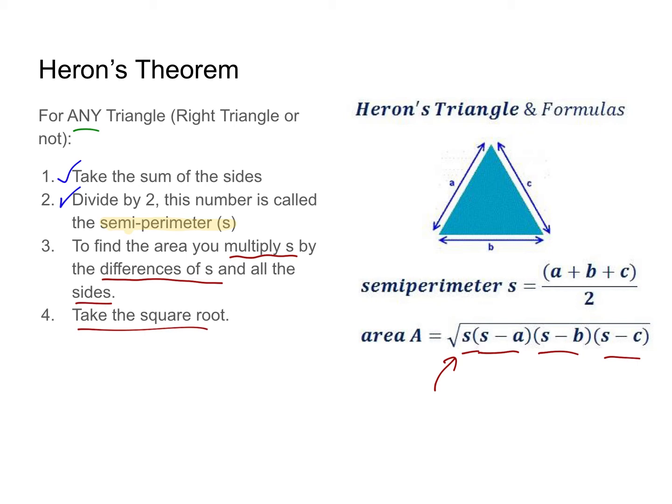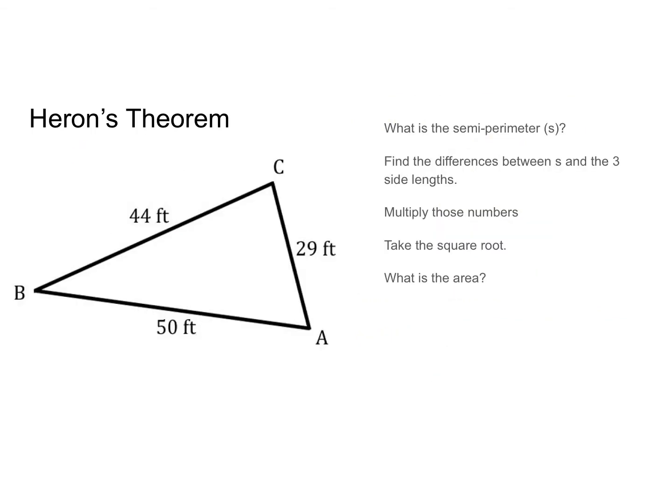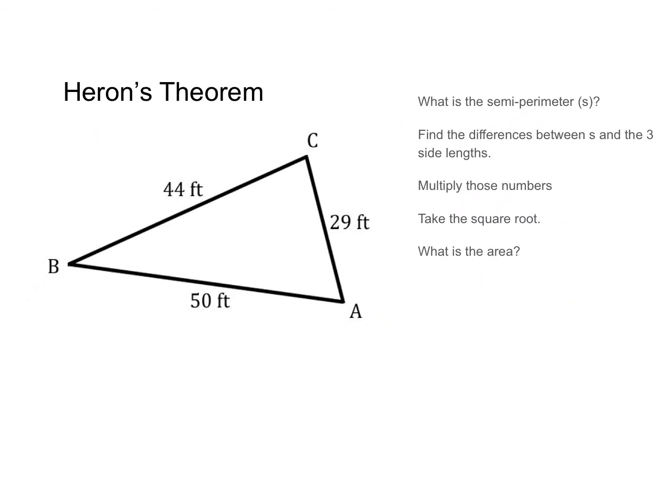Okay, so let's look at a few examples of what we're doing here. So I've got a triangle, and I don't know if it's a right triangle, acute, obtuse, whatever. I can maybe make an educated guess on what it looks like, but I don't know for sure. But it doesn't matter. All I'm going to do is figure out my semi-perimeter. So I'm going to go 44 plus 50 plus 29 divided by 2.